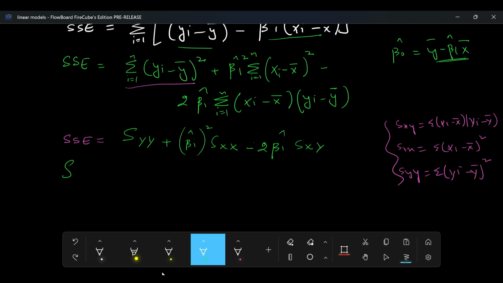Now this SSE will be equal to SYY plus beta 1 hat square SXX minus 2 beta 1 hat SXY. As you know, beta 1 hat is equal to SXY upon SXX.